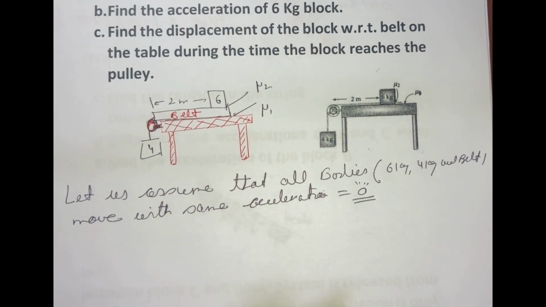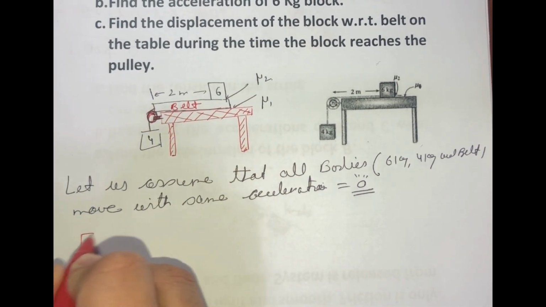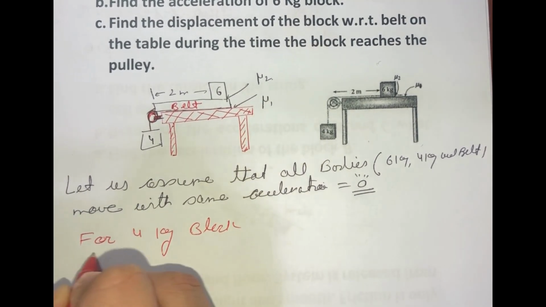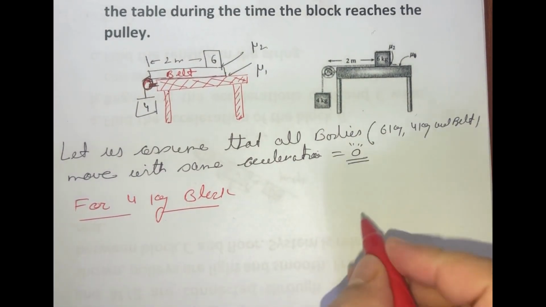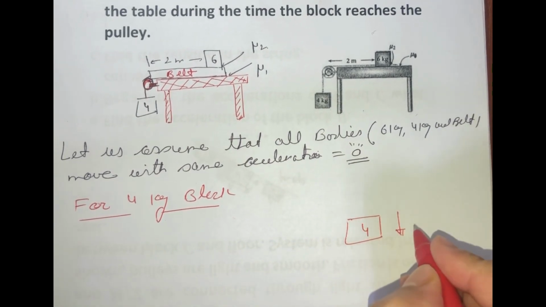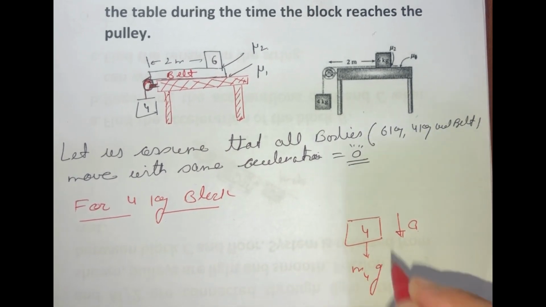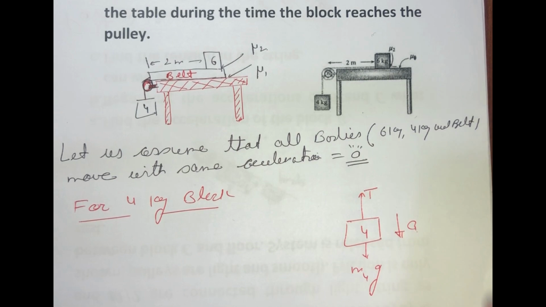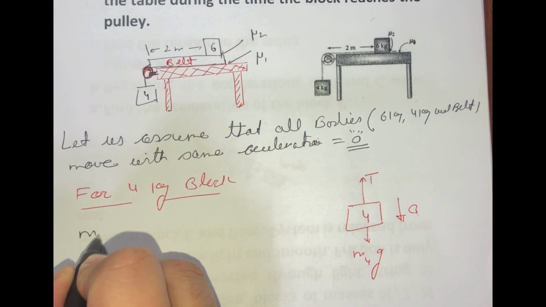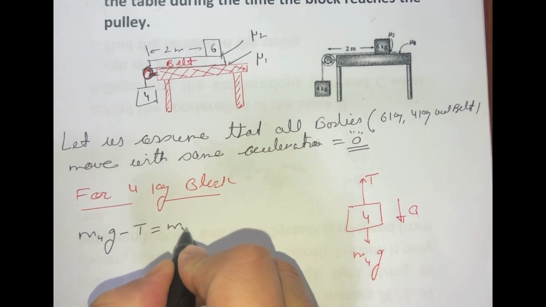So let us consider the 4 kg block, traveling in the downward direction with acceleration a. So it is going to have m4g and there will be tension T. So we can write the equation as m4g minus T is equal to m4a.